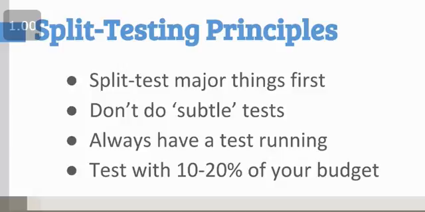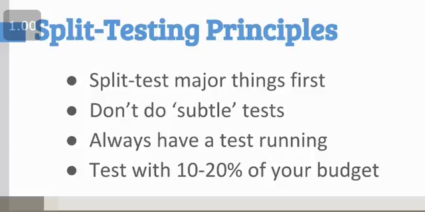We could test selling that running equipment to marathon runners versus track and field athletes, right? Two very different groups of people, and we could test selling to male versus female audiences, right? So those are the types of things that are going to have a major impact on performance in your campaigns. So test major things first.